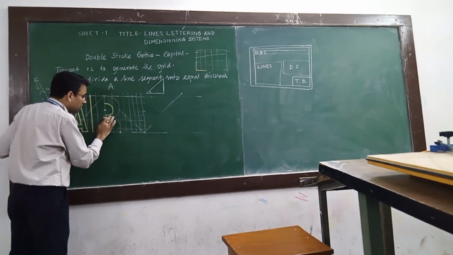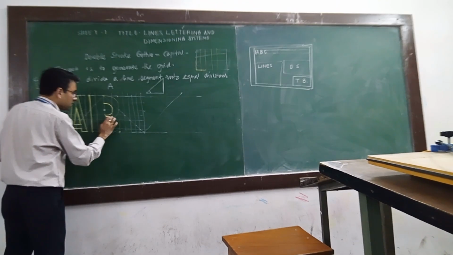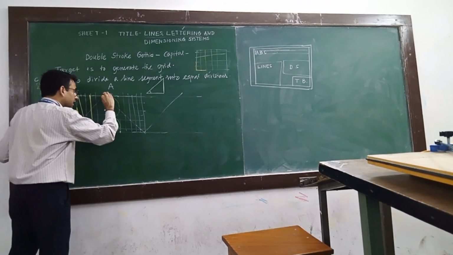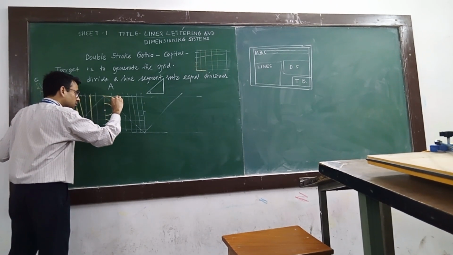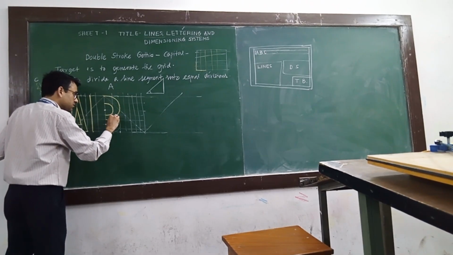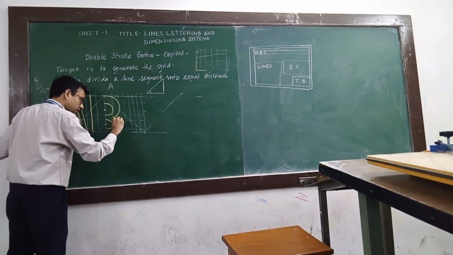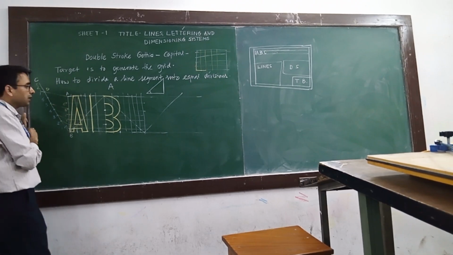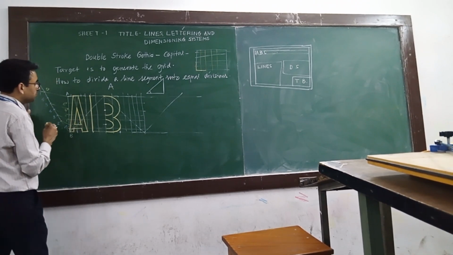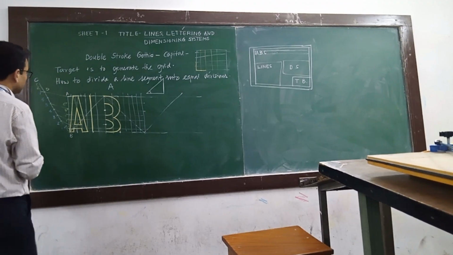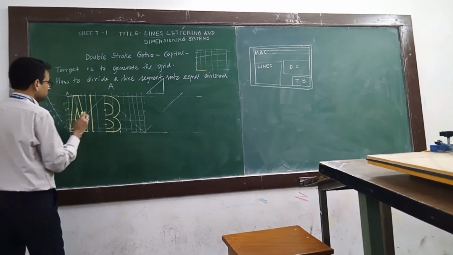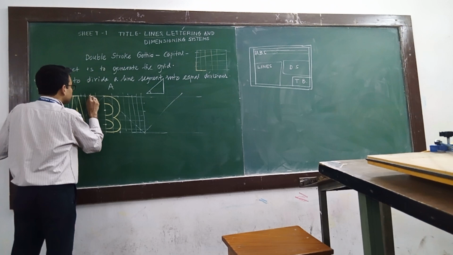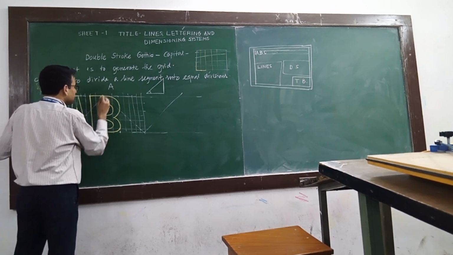Okay. After that, what you can do is you erase this. Erase this part and again draw thick lines up to this, and thick line up to this. Clear? Is it clear? Next, what do I do? I will extend this here.